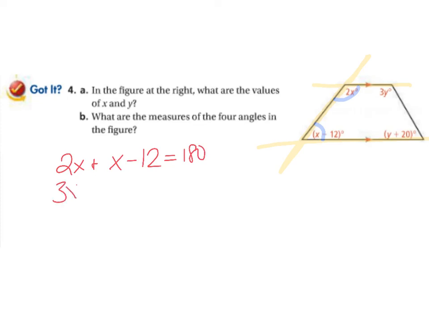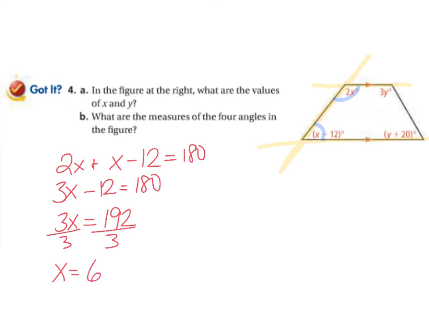And then I'm just going to do my algebra on that. Add the 12 to the other side and divide by 3. X ends up equaling, let's see, 64 it looks like. Okay. Why don't you take a minute and pause the video and see if you can figure out the y value.